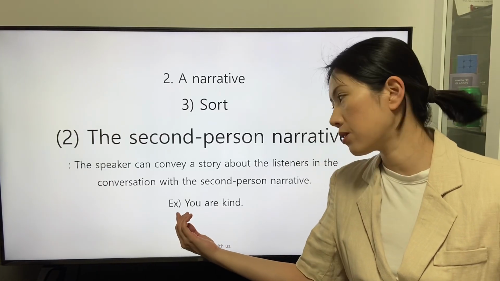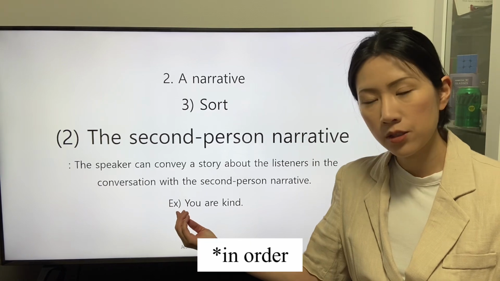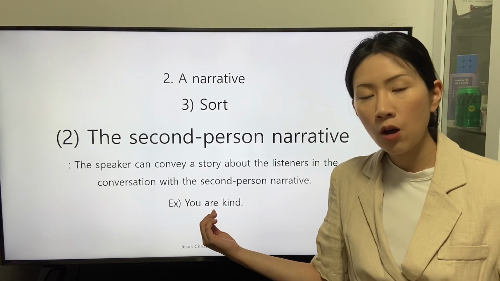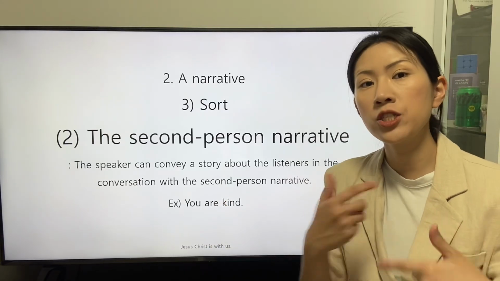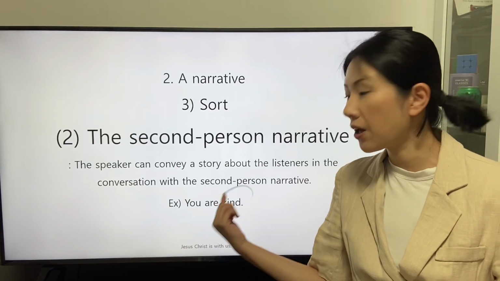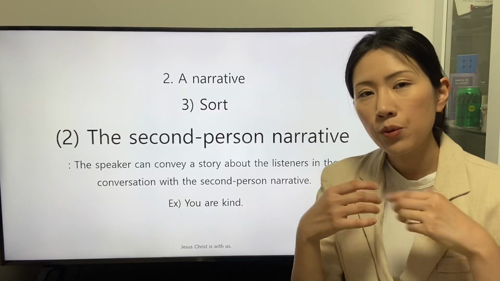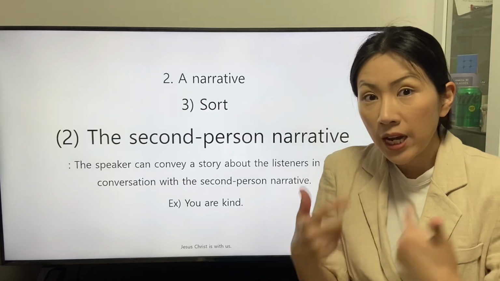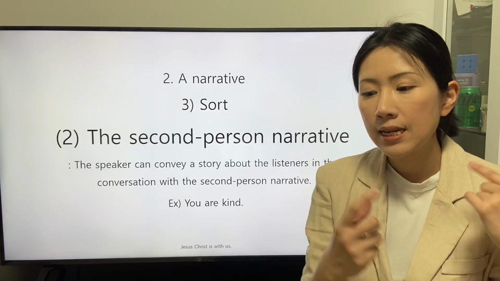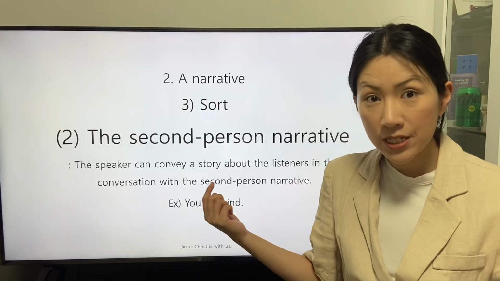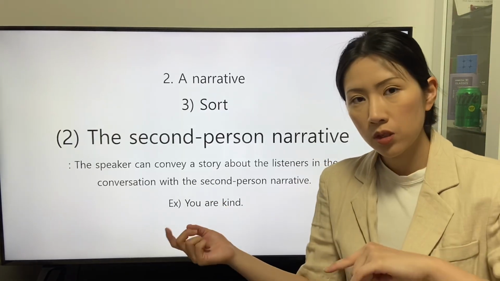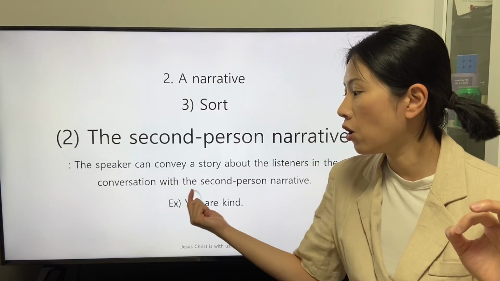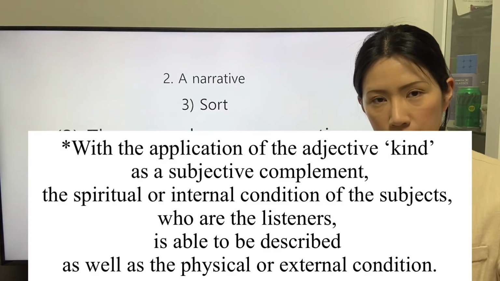The speaker states the story from the subject, you, be verb, and the speaker additionally states the adjective kind. Then we can also understand that the definition of the be verb are is changed from describing the existence of the listeners to describing the condition of the listeners at the present.